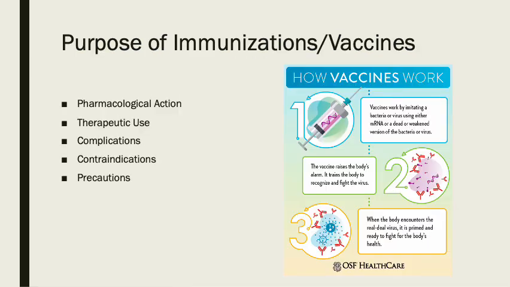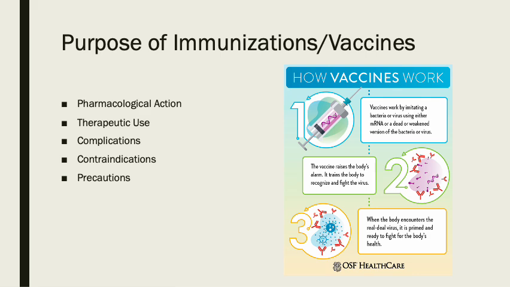What is the purpose of immunizations and vaccines? What do we expect them to do pharmacologically? Vaccines cause the immune system to produce antibodies that provide active artificial immunity. Immunizations can take months to have an effect, but confer long-lasting protection against infectious diseases.